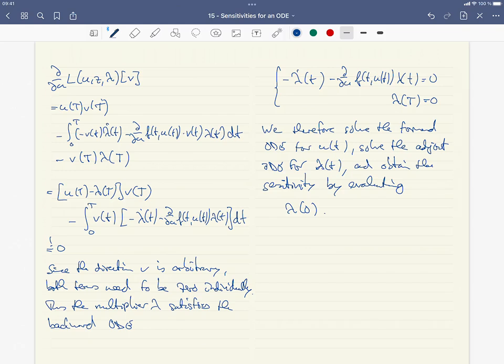And that's typically what you see from the adjoint calculus when applied to an ordinary differential equation. So forward solve, backward solve, evaluate, and that's the quantity of interest here.